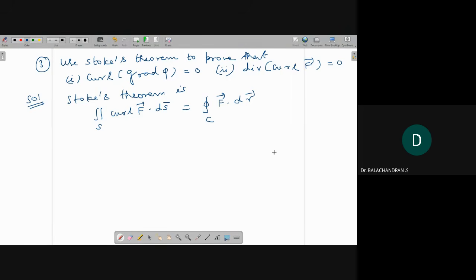Suppose in the assignment problem, I think there is one problem: double integral over S del dot f vector into n cap into ds. This is the assignment problem I gave in Stokes theorem. I forgot the surface, but if you try, the surface is a paraboloid, like this.